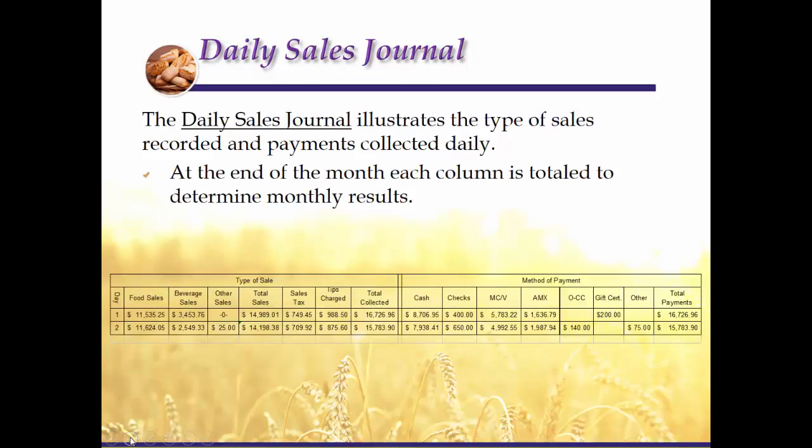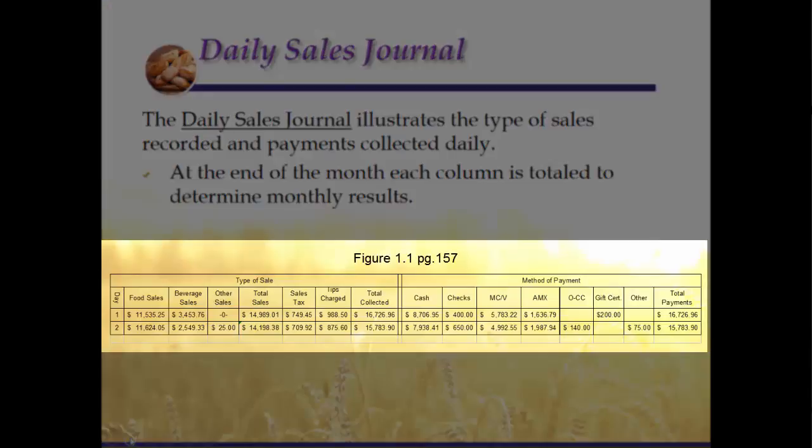So when we're looking at the daily sales journal, it illustrates all the types of sales recorded and the payments collected daily. At the end of the month, each column is totaled to determine the monthly results. So you can see here, our food sales on day 1 was $11,535.25. Our beverage sales was $3,453.76.